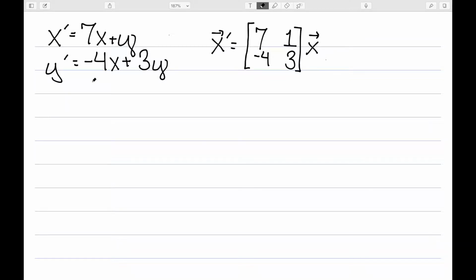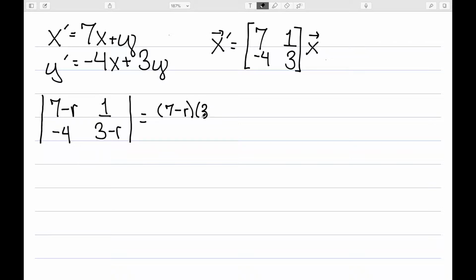We need to start by actually finding our eigenvalues. So this looked at the determinant of A minus rI. So we subtract r from the diagonal: 7 minus r, 1, negative 4, and 3 minus r. When we do this, I multiply diagonally, so I have 7 minus r times 3 minus r, minus the other diagonal, which is negative 4.